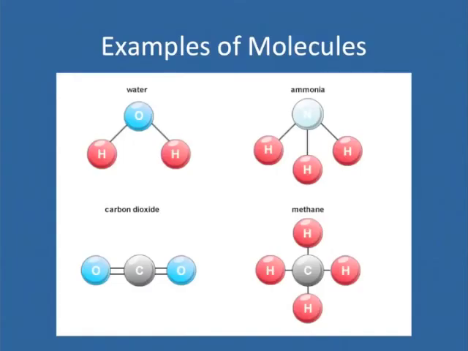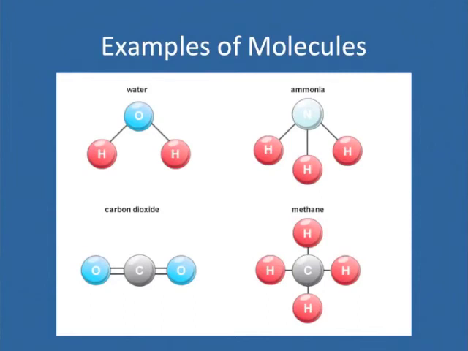Here are a couple examples of molecules. You'll see that each of them is made of several atoms bonded together. That's what the little sticks in between of them represent. You can see water, H2O, with the 2 hydrogens and 1 oxygen bonded together. Ammonia, NH3, with the 3 hydrogens and the 1 nitrogen bonded together. Carbon dioxide, with the 1 carbon and 2 oxygens bonded together.